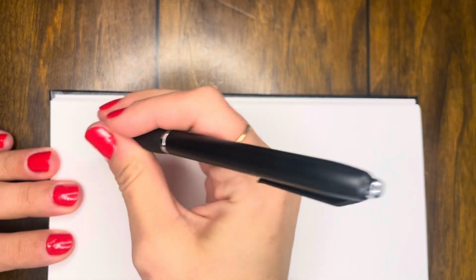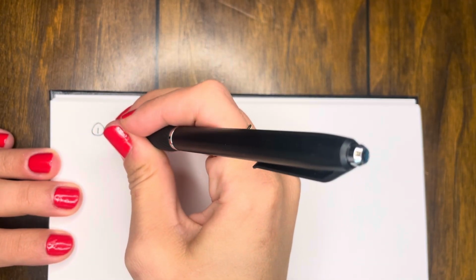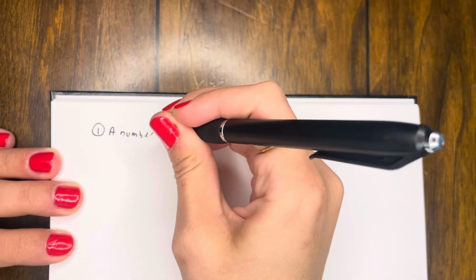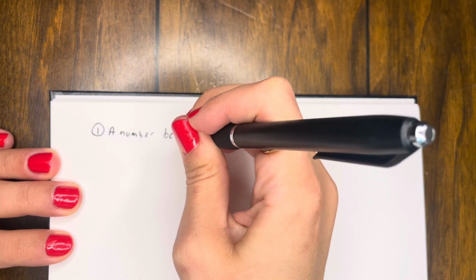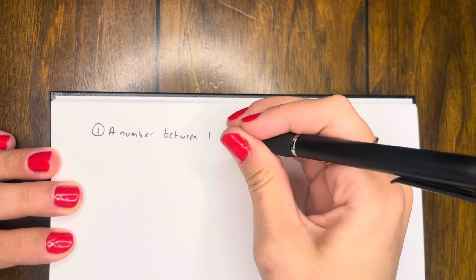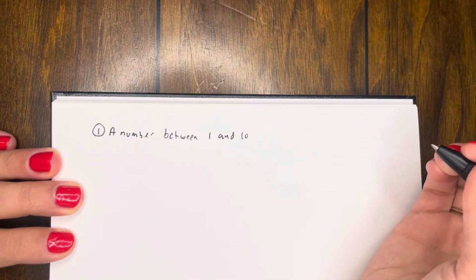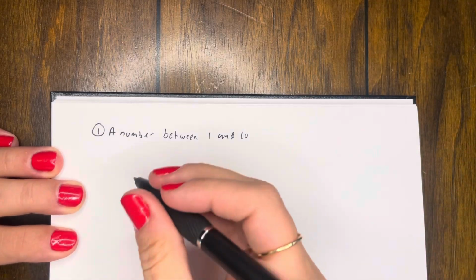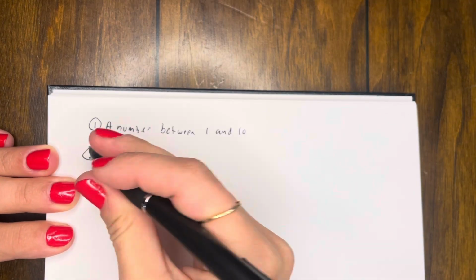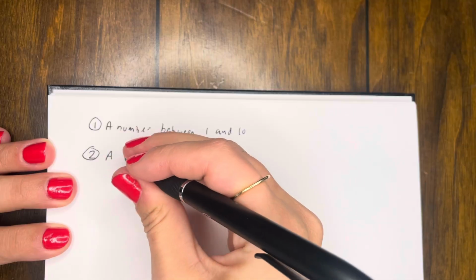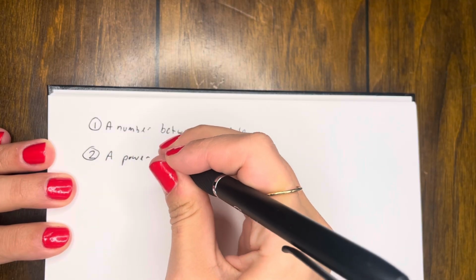And those two parts are, number one, a number between 1 and 10. And then the second part is a power of 10.